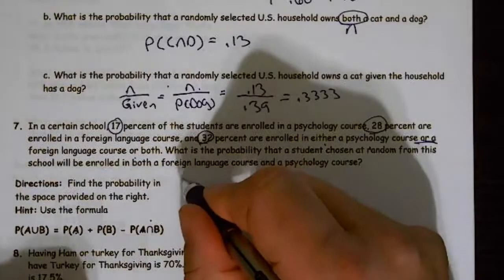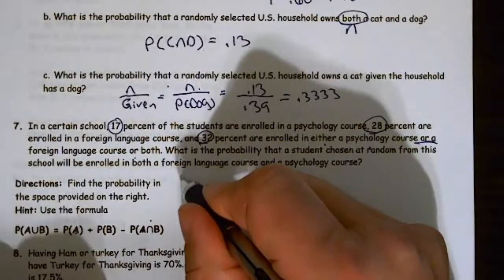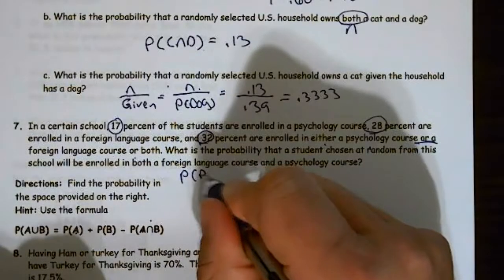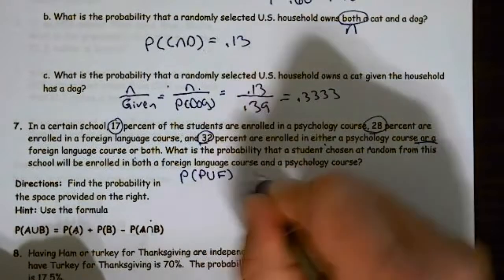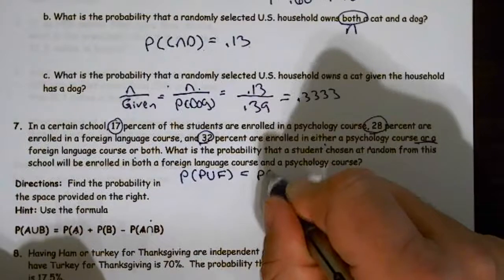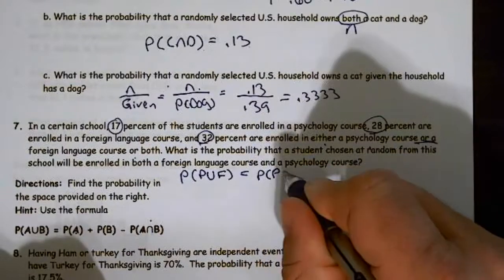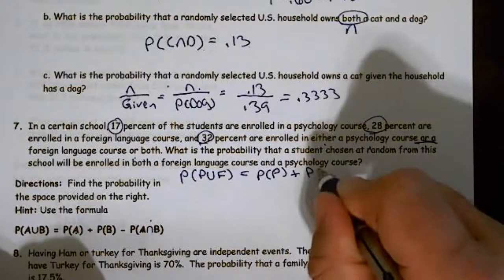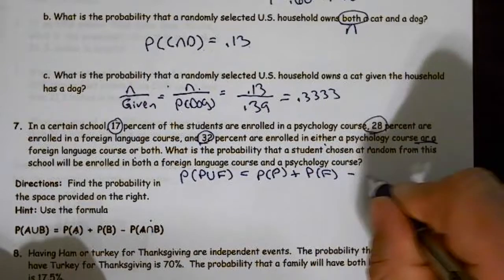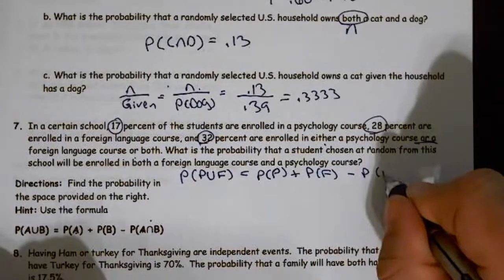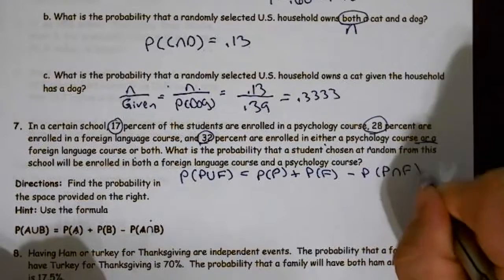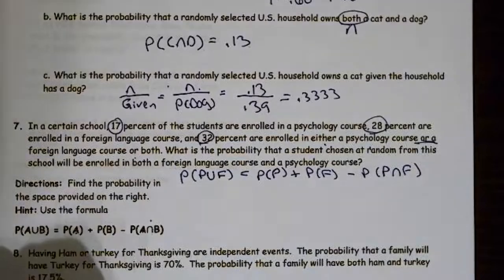So I'm going to go ahead and write this looking like it's psychology. So the probability of psychology union foreign language equals the probability of psychology plus the probability of foreign language minus the probability of psychology and foreign language. All right.